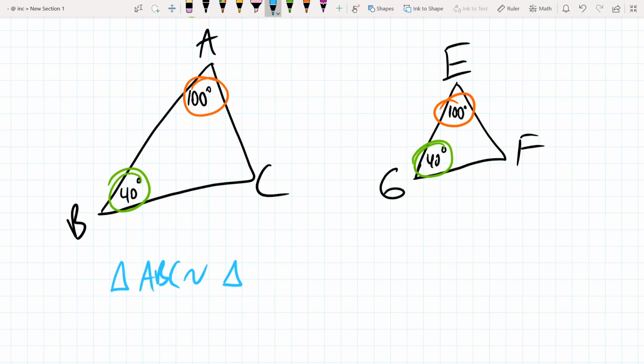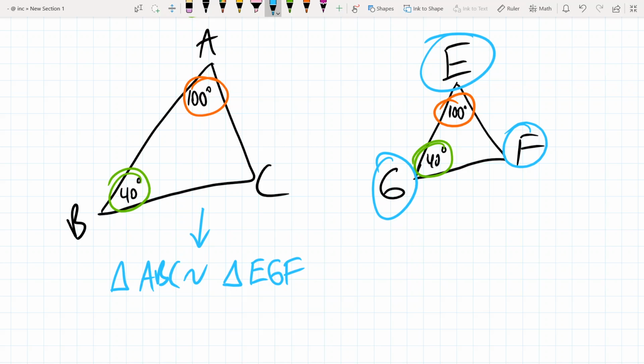I started with the 100-degree angle, then I went to the 40-degree angle, and then I went to the unnamed angle. So when I do the second one, I'm going to start with E, move to G, and then move to F. The order that you give those letters does matter, and remember that right there is the similar symbol. So you can say triangle ABC is similar to triangle EGF.